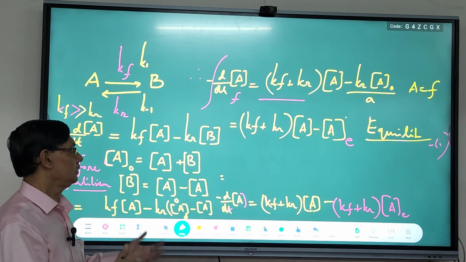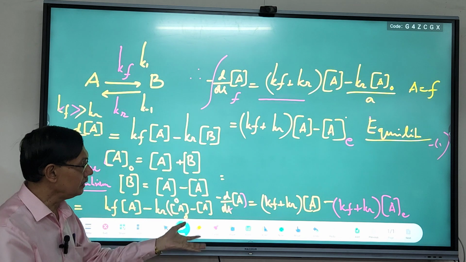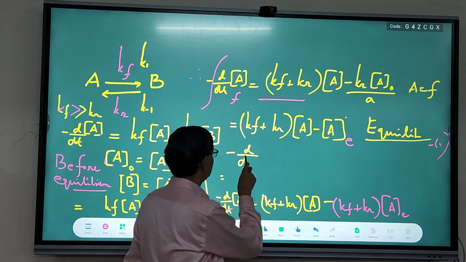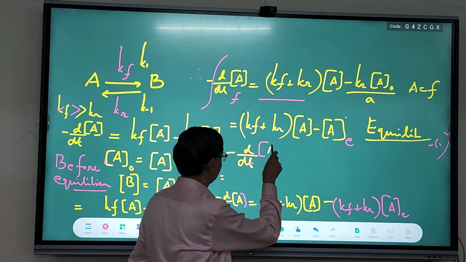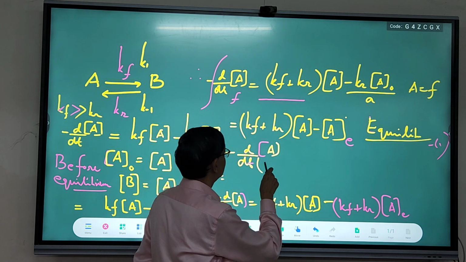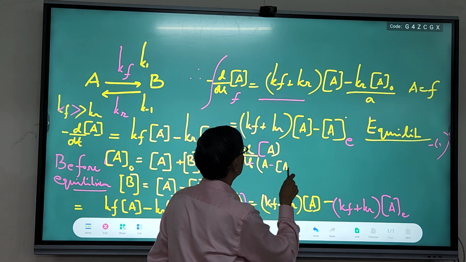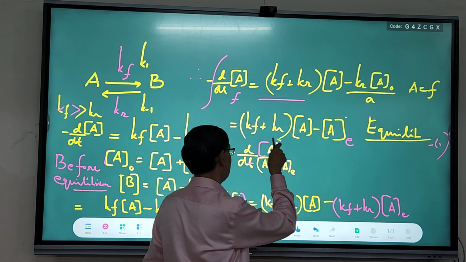So same thing, you just again rearrange this equation, that means again minus d by dt of A divided by this whole, you can write like that, A minus AE, or suppose same thing like that.